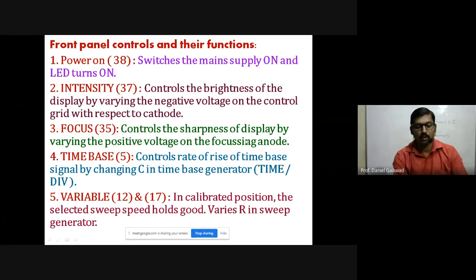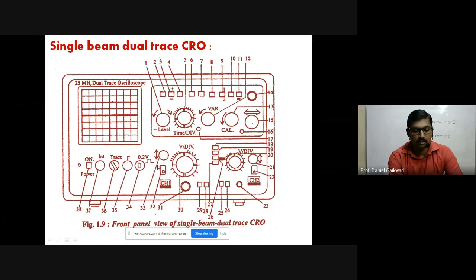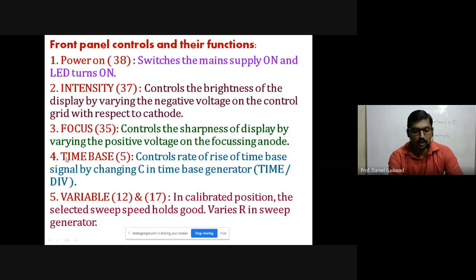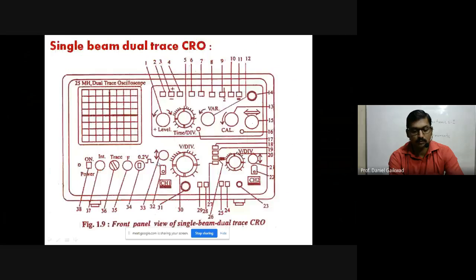Already we have discussed the concept of focusing anode and accelerating anode, and by varying the positive voltage to the focusing anode we can get the sharpness of the electron beam on the screen. So that is number 35 according to our numbering here. Now next is 4, time base, number 5th knob. Check carefully, number 5th, time per division.